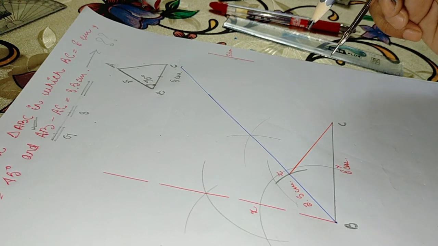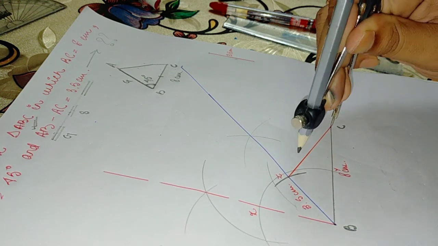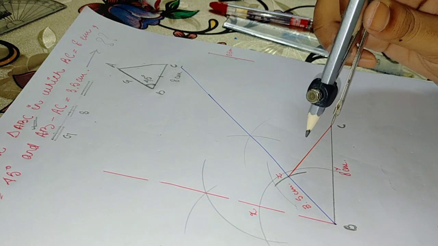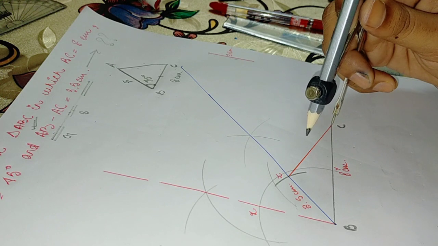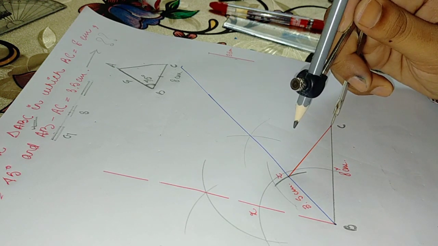Okay, now our next step, we will take CZ. We will take C and Z as centers, and we will draw arcs in both the sides.